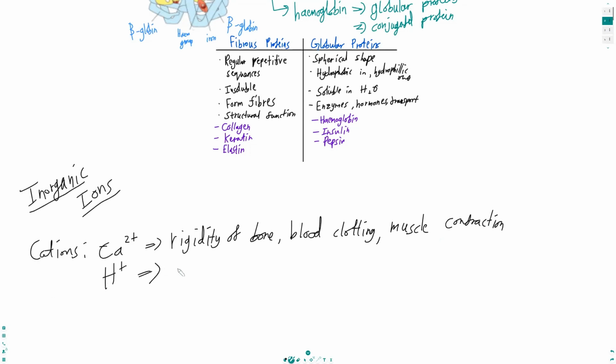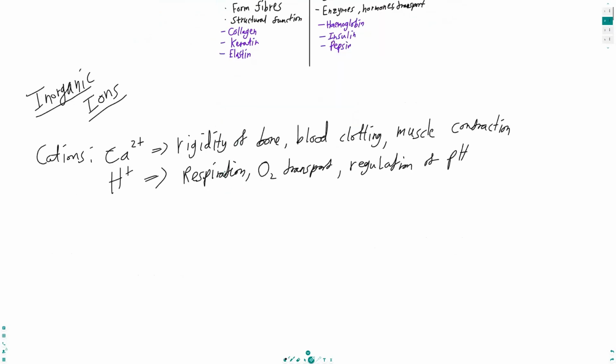This is involved in respiration and photosynthesis, it's also involved in transport of O2, and in regulation of pH in the blood. And very briefly, those are just two cations that you need to know. I'm not going to do all the cations.